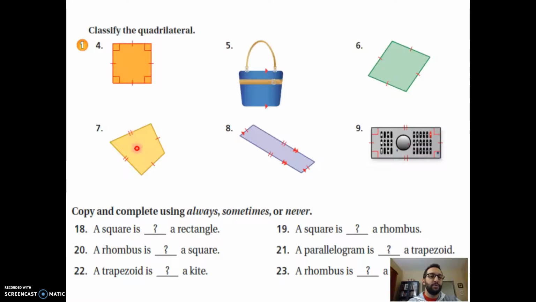If there are 2 dash marks, it's congruent to anything with 2 dash marks. If there's only 1 dash mark, it's congruent to anything with only 1 dash mark. So take a moment and classify these quadrilaterals.